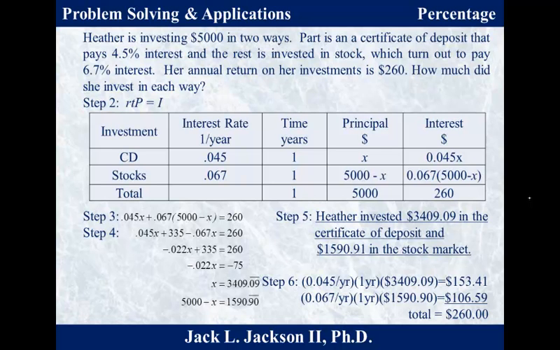So to the nearest penny, that's $153.41 of interest. And the stock, it's not really interest in the stock, but it's increase in value. So the increase in value is 0.067 per year times 1 year times $1,590.90, and that's an increase of value of $106.59. So the total amount of return in terms of her increase in value is $260 when you add the two together, and that's what it's supposed to be, so it checks.